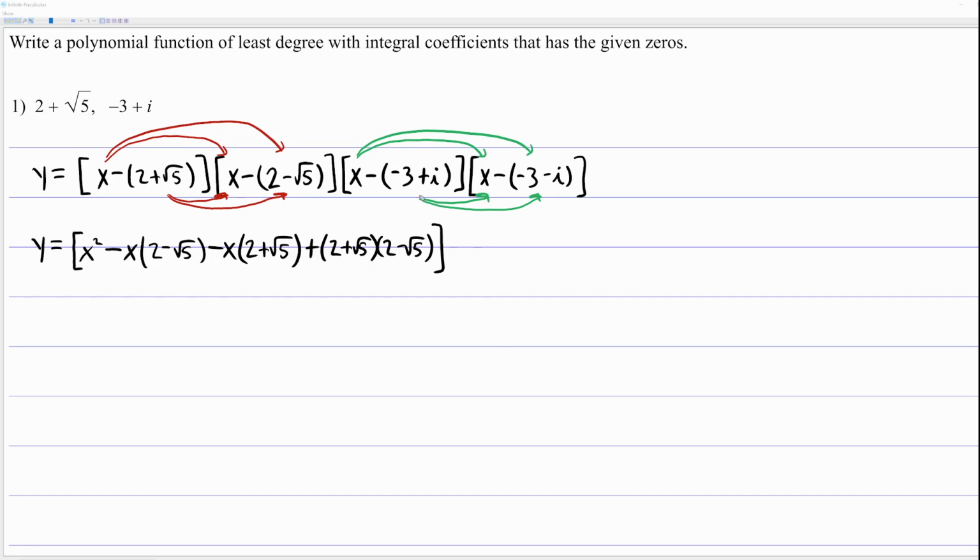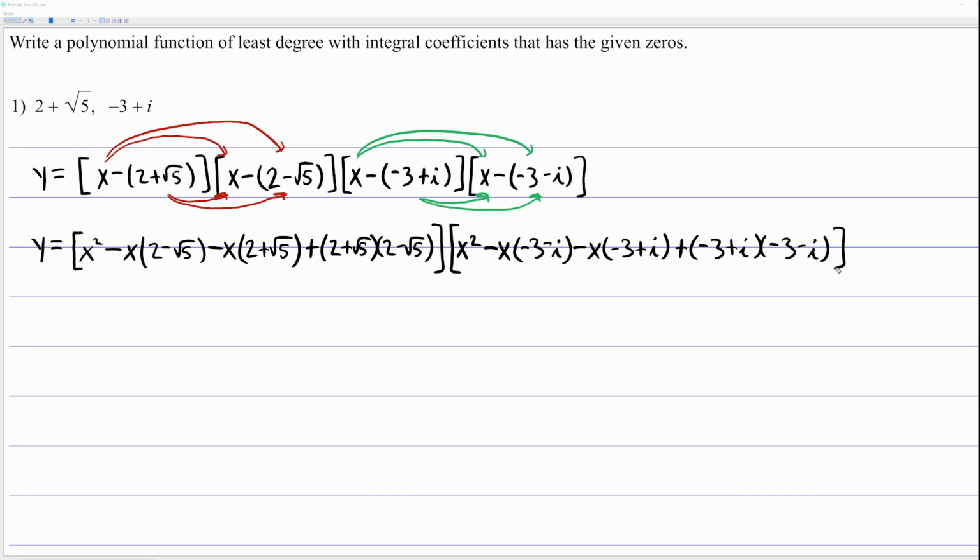All right, now let's go to the next two factors with the complex numbers. x times x is x squared minus x times (negative 3 minus i), and then minus x times (negative 3 plus i). Again, once you're comfortable, multiply the conjugates in your head, but negative times negative, we have plus (negative 3 plus i)(negative 3 minus i).